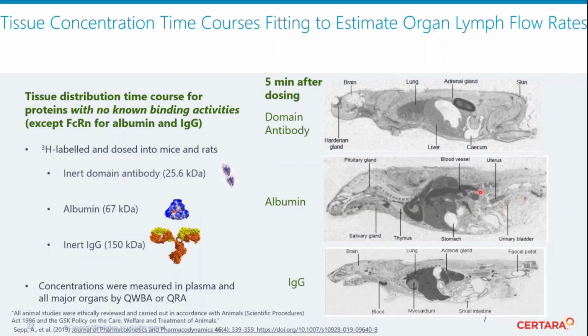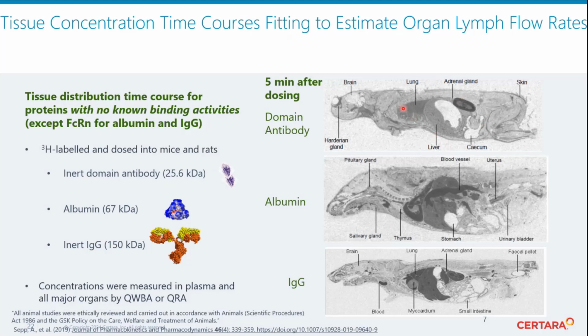And that's just an example of how the model can be parameterized for lymph flow rates. So in this case, small protein fragments, all of them inert, were dosed into mice and rats. So there was also albumin and inert IgG, and after that serial cross sections over several days were taken and quantified by quantitative whole body autoradiography.